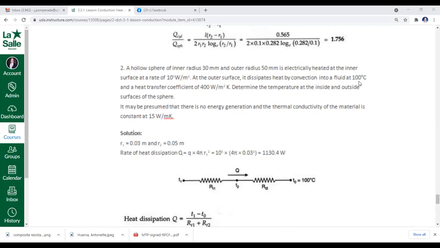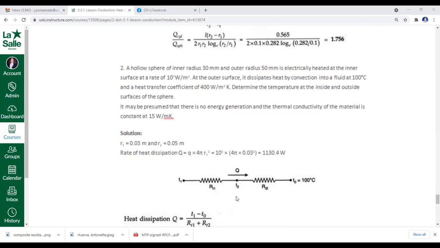So take note, if you're used to assuming that whatever the temperature of the fluid on a particular surface is would be the temperature on the surface itself, that is wrong, because in here we have what we call T sub 2, which is the boundary temperature between the surface and the film that is offering resistance to flow.